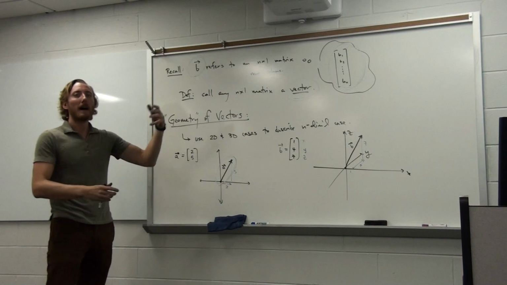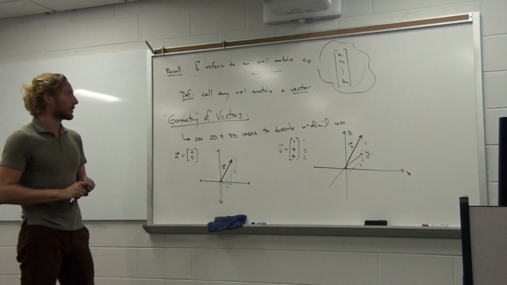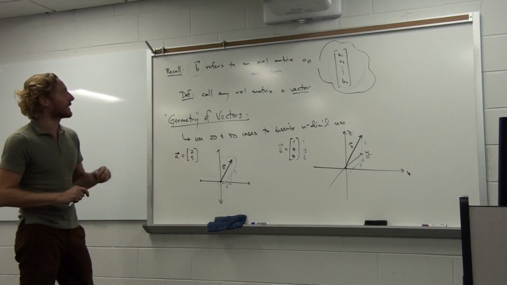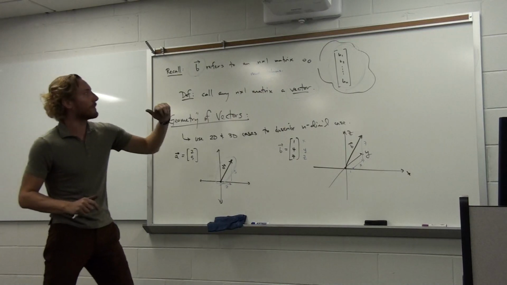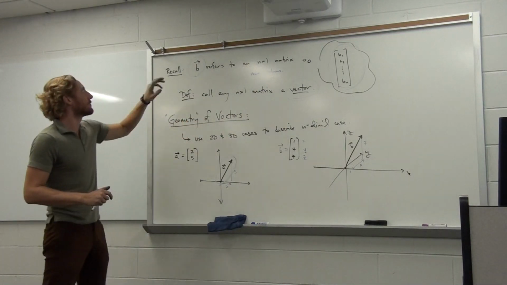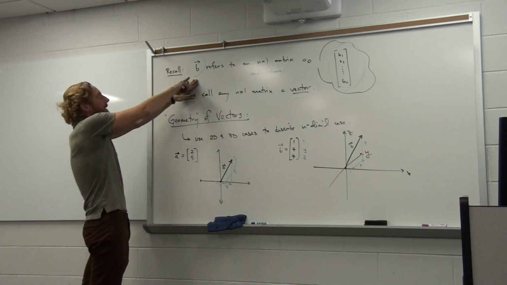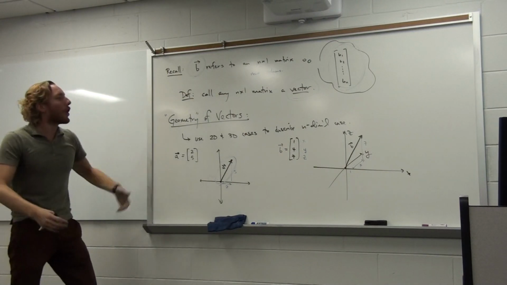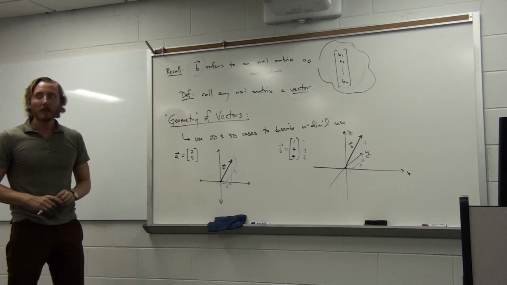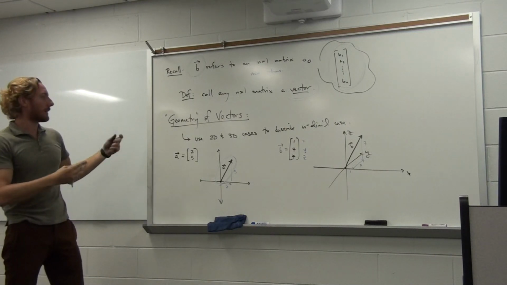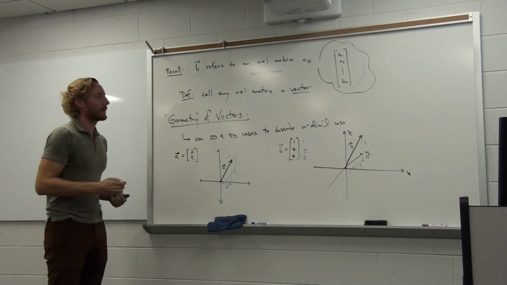But the long story short is, when we talk about vectors, single column matrices, these objects we've concisely described algebraically as a letter with an arrow over it, you could also think of them geometrically as an arrow in 2 or 3-dimensional space.